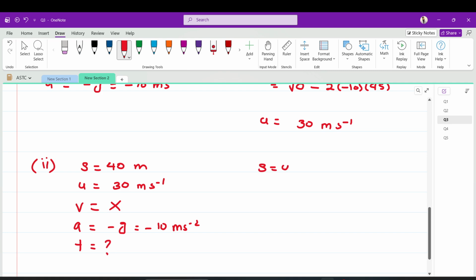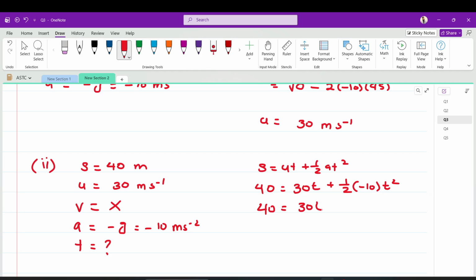So s is equal to ut plus half at squared. s is 40, u is 30, so 30t plus half into minus 10 t squared. 40 equals 30t, this becomes minus 5t squared.